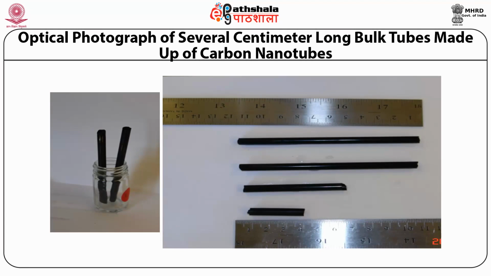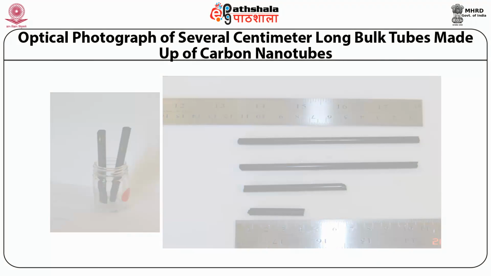What do we get? We get a bulk tube structure, very visible in this slide, where you can see that a 12 centimeter long tube structure has been built. This tube is hollow in nature and of bulk size.